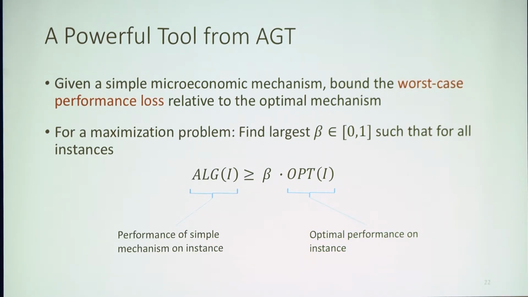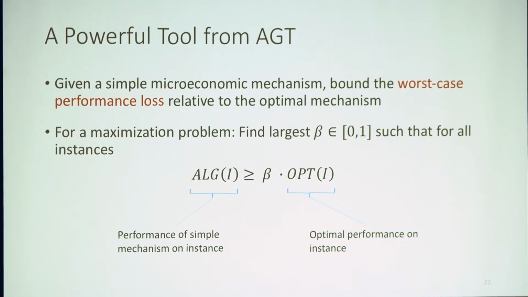And of course, one possible way of doing this would be to bound the worst case performance loss, either multiplicatively or additively. So for a maximization problem like the one we're facing here, we'd like to find the largest beta in [0, 1] such that the performance of the simple mechanism, a contract in our case, on this instance is at least some beta fraction of the optimum for all possible instances, right?